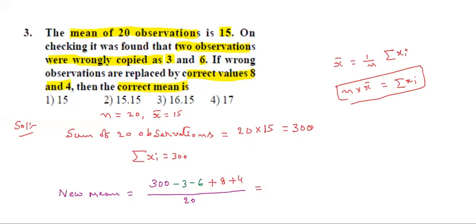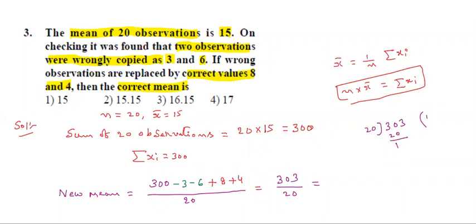We get the new mean. Minus 3 minus 6, minus 9. Minus 9 plus 8, minus 1. Minus 1 plus 4, 3. So the total is 303 divided by 20. Now approximately tell me what is the answer? 303 divided by 20. 20 ones are 20.